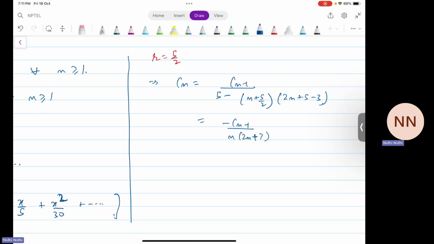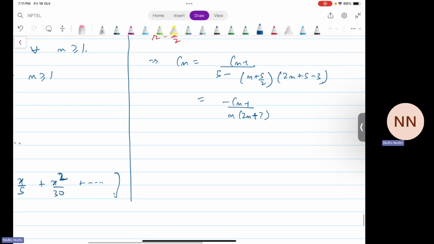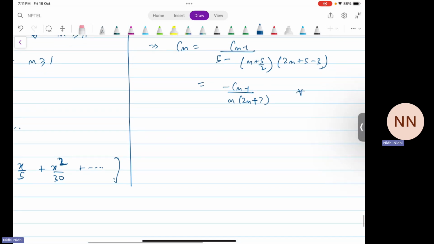This is just basic calculation, you can compute it yourself. With that, you will get C1 equals minus C0 by 9, C2 equals minus C1 by 22, which is basically C0 by 198. C3 will turn out to be minus C0 by 7722 and so on.